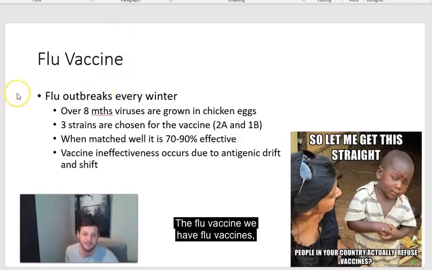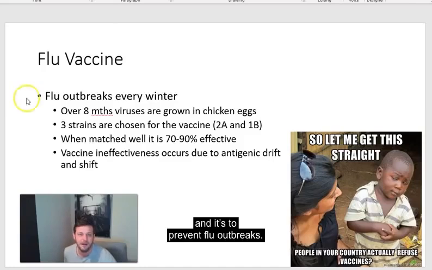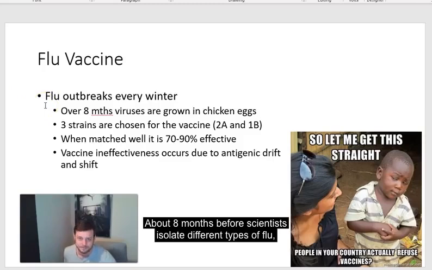The flu vaccine, we have flu vaccines. Every winter you should be getting them starting around October, right? And it's to prevent flu outbreaks.